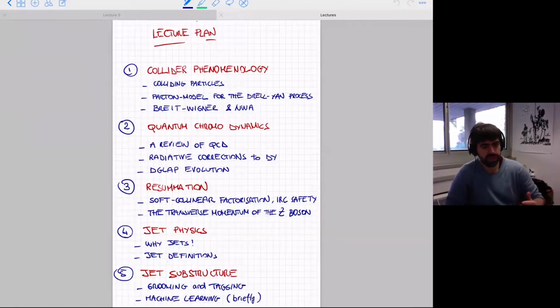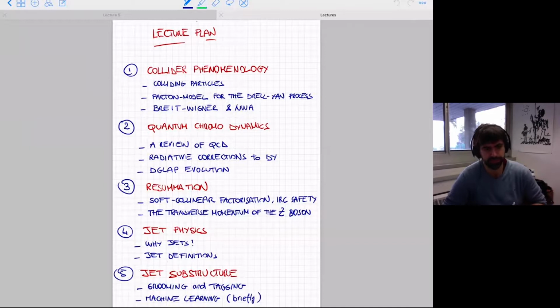Then we said, okay, can we try to be a little bit more differential? Can we compute and measure the distribution of some observables? In order to do that, we identified a key property from the point of view of the theory, which is infrared and collinear safety. And we analyzed that by looking at matrix elements in the soft and collinear limit.